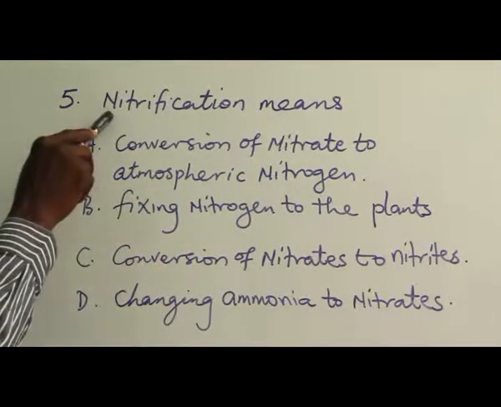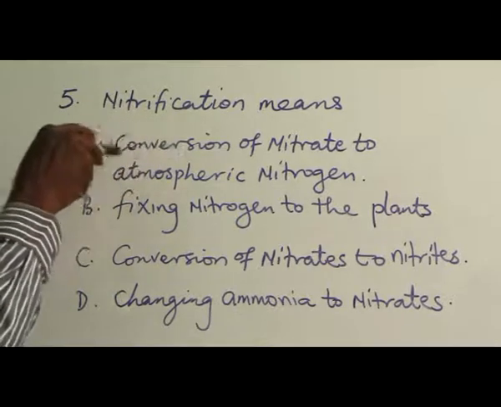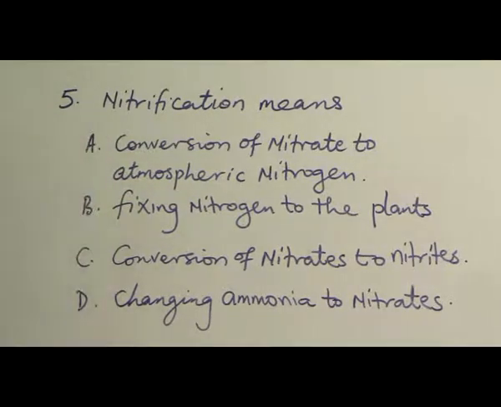With this understanding of the nitrogen cycle, we can now pick our answer from the options. Looking at the options closely, the only one that answers the question is option D, which says changing ammonia to nitrate. So option D is the answer.